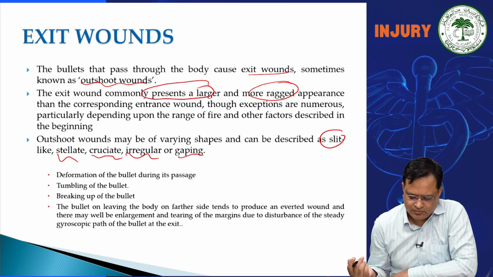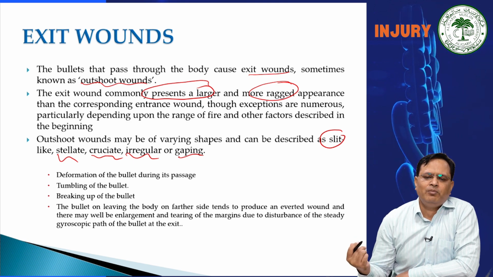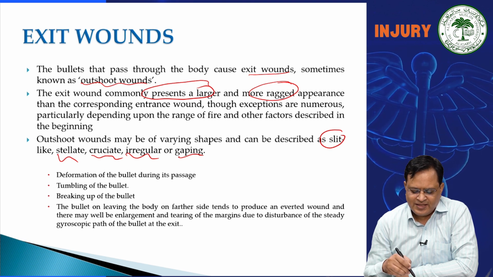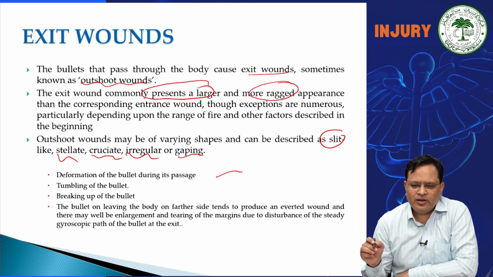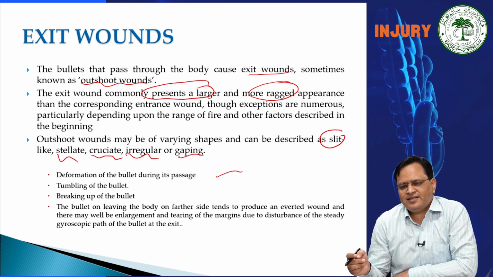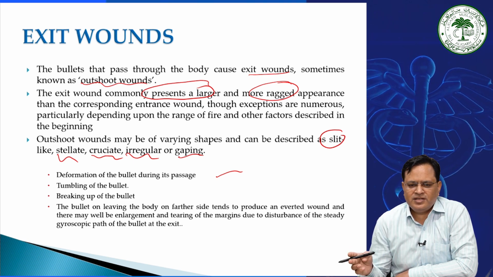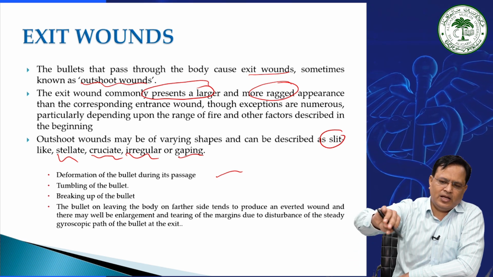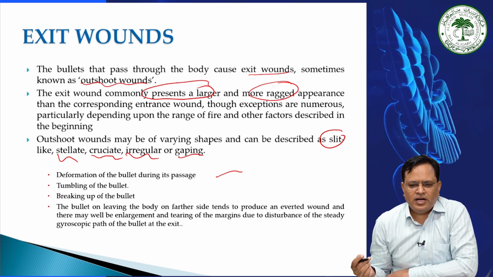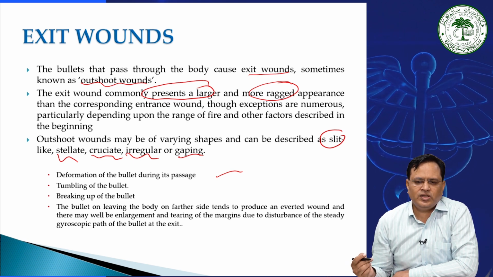Various characteristics that are achieved are because of the changes that have happened to the bullet during its path. Deformation of the bullet during the passage. Tumbling of the bullet, it means it has turned around, it is tumbled. Breaking of the bullet, it may break into parts. We will see to it.